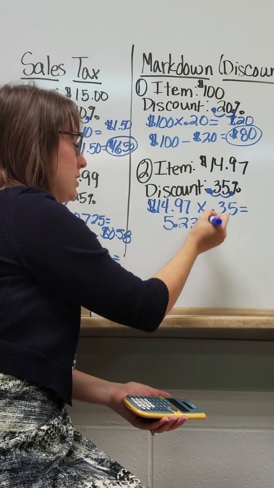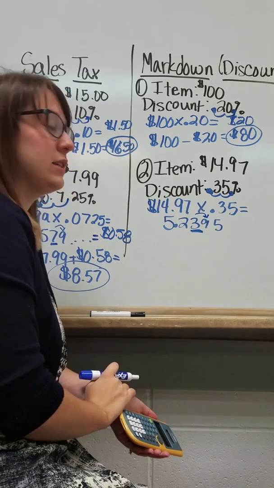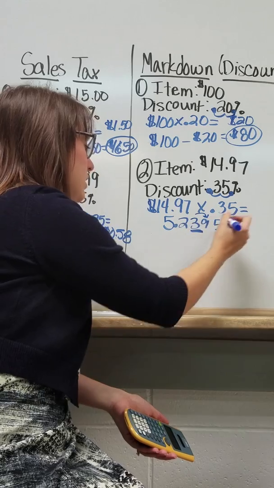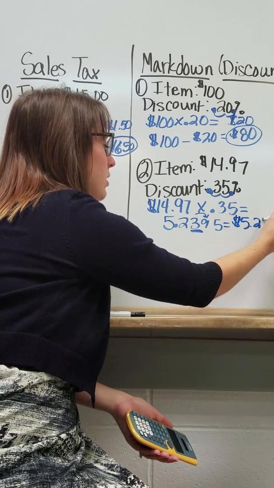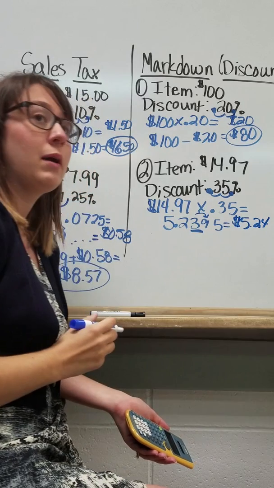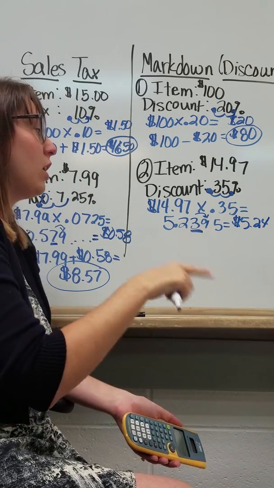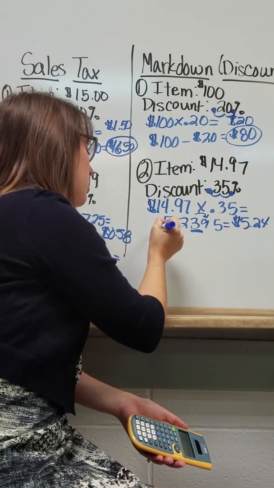We want 2 places after the decimal. I look to the right and I see that 9 is going to bump my 3 up to a 4. So my discount is $5.24. But remember, we can't stop there. We have to do our one last step. We have to take our original price minus our discount.